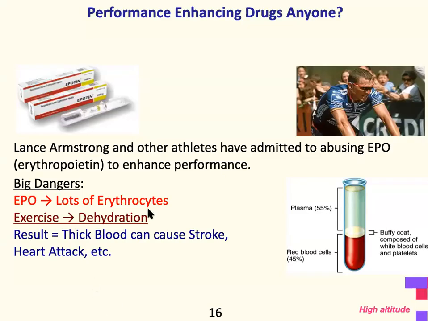Okay, so as we mentioned, the danger with increasing red blood cells above a normal level is that, especially with exercise, athletes become dehydrated, and that thick blood can increase your risk for stroke and heart attack.